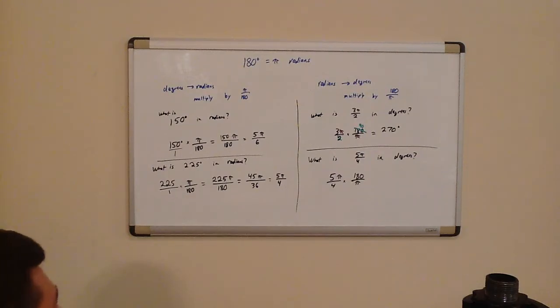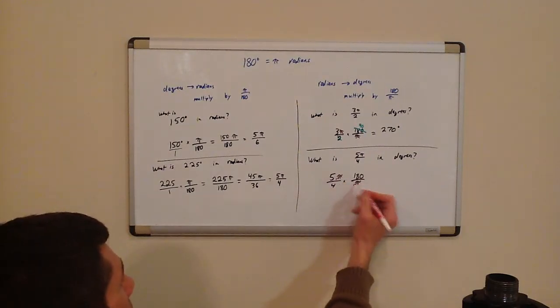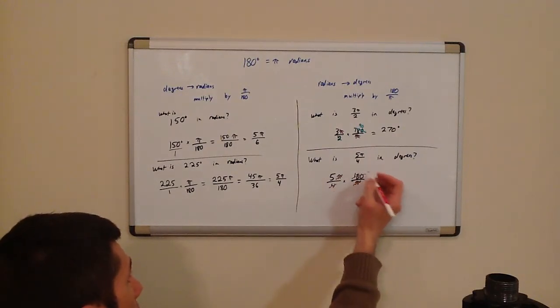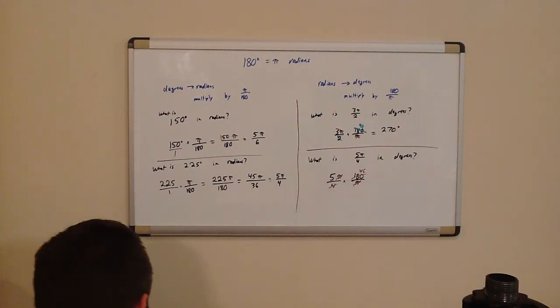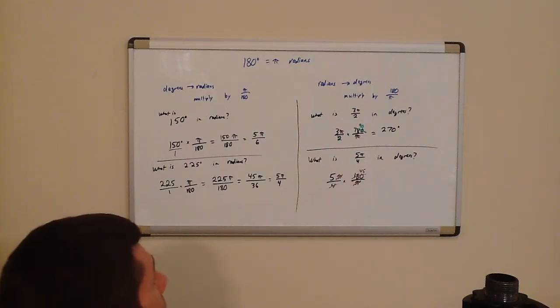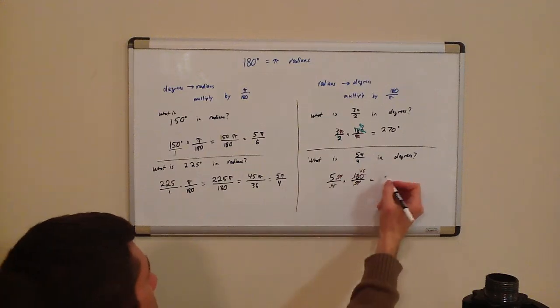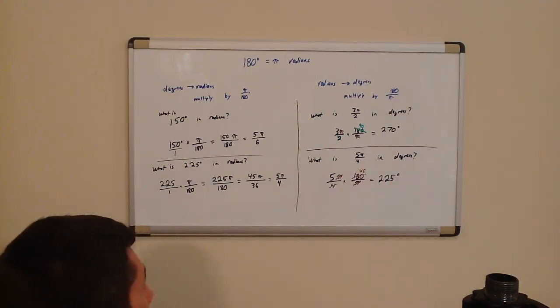Let's go for the obvious here. Those divide out. Let's keep reducing. 4 goes into that 45 times. 5 times 45 is 225. 225 degrees. There we go.